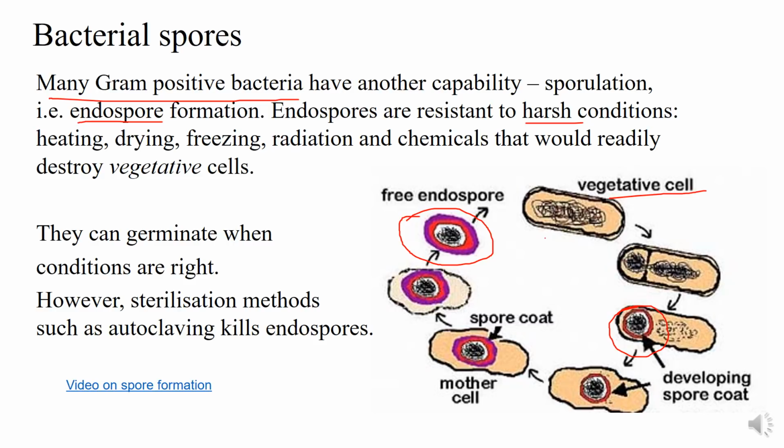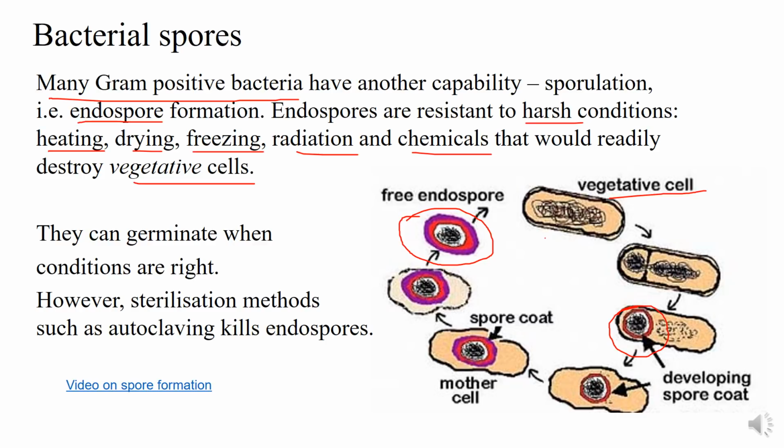Now, endospores are resistant to heating, drying, freezing, radiation, chemicals, and many things that would kill a vegetative cell. So, when these bacteria become endospores, they cannot be killed easily. And what happens?